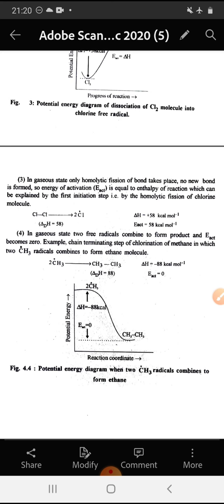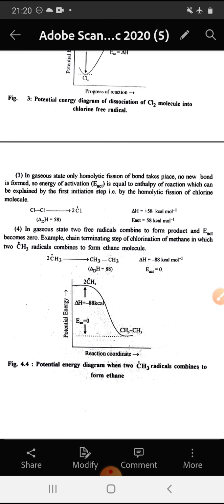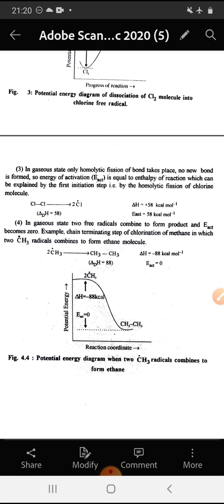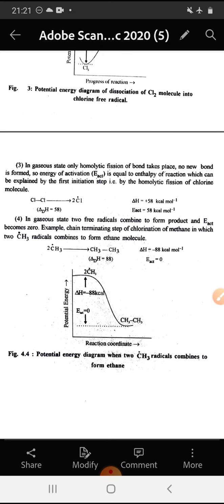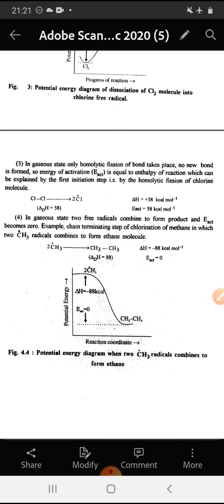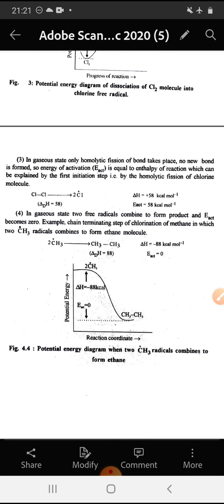As there is no energy requirement for the formation of two methyl radicals which are already formed, there is no energy of activation, and the energy released by the formation of the ethane bond is 88 kilocalorie per mole.